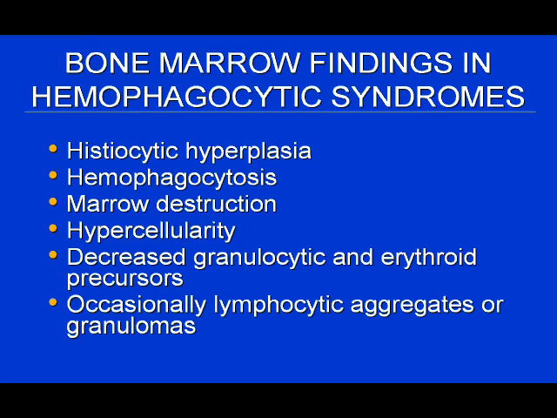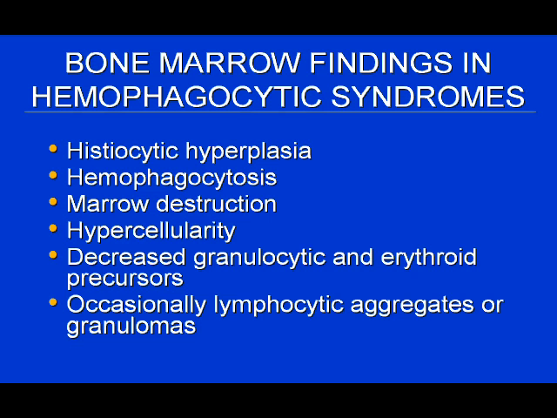So it's usually diagnosed in a bone marrow, and we do a bone marrow biopsy, and we characteristically will find histiocytic hyperplasia, and then we note that there's hemophagocytosis of different types of blood elements. Red blood cells, nucleated red blood cells, neutrophils, platelets, lymphocytes may be seen in the cytoplasm of these expanded phagocytic histiocytes.